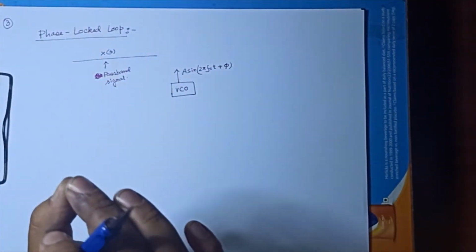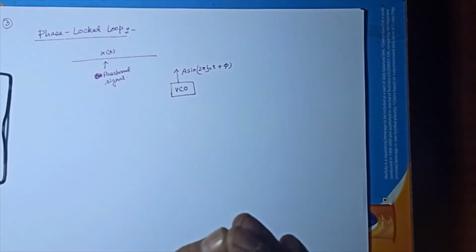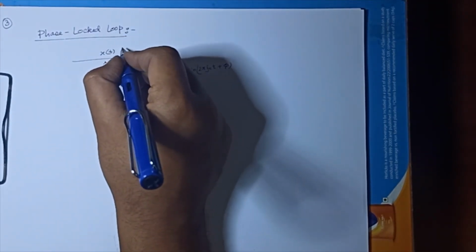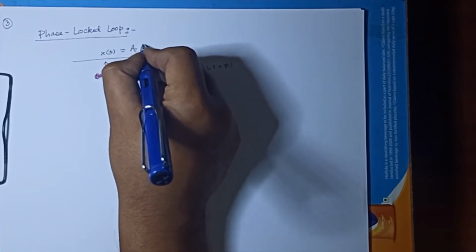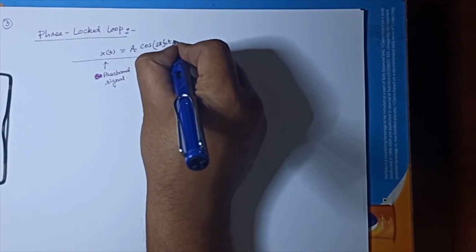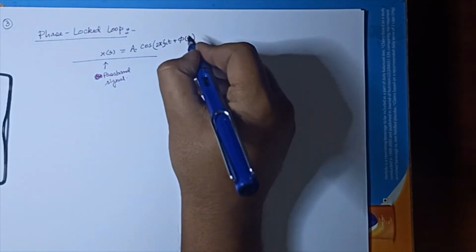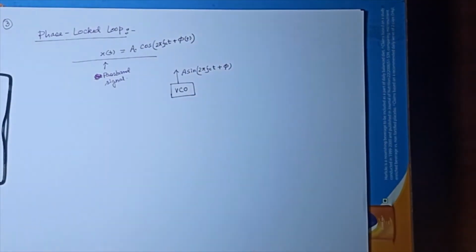For a passband signal, the frequency deviates around some center frequency. There can be a continuous spectrum. Nevertheless, you can always write a passband signal in this form: Ac cos(2 pi fc t + phi(t)), such that your instantaneous frequency will be fc plus phi dot(t).